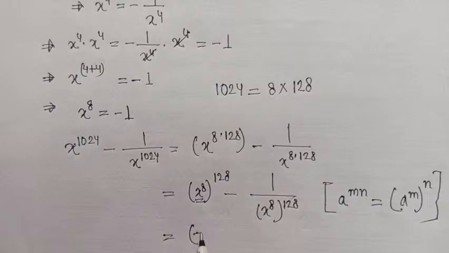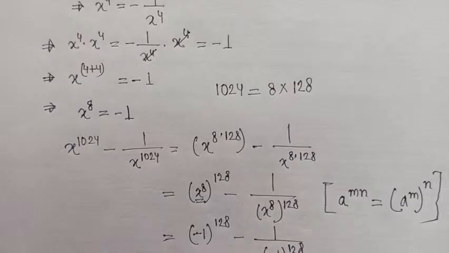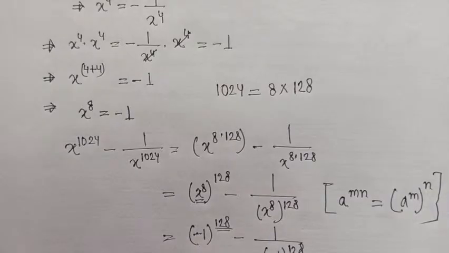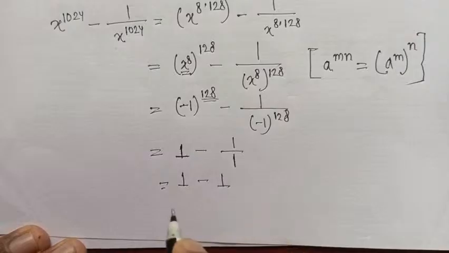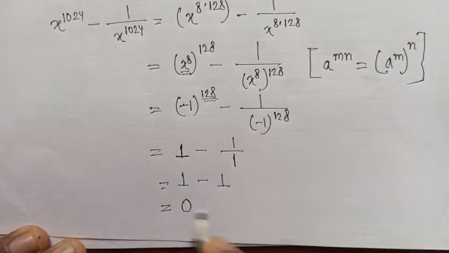If we put minus 1 to the power 128 here and here, then we get the value equal to 1, as this is an even number, so that minus will be gone and it will be just 1. So 1 minus 1, and all the value will be 0.